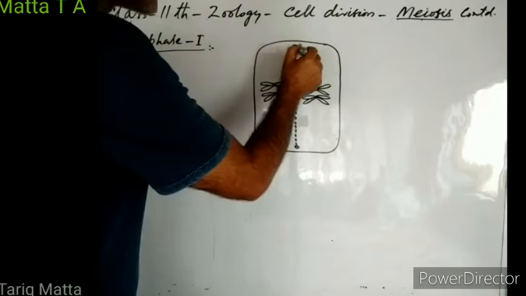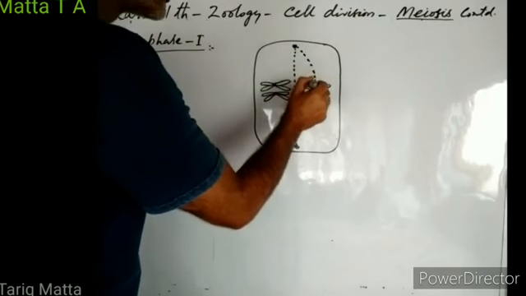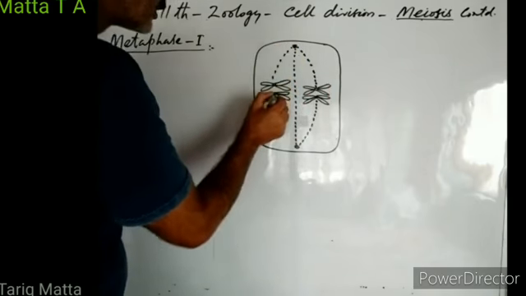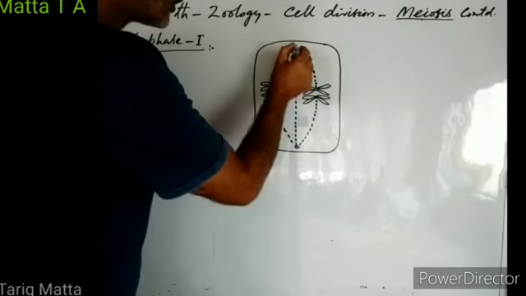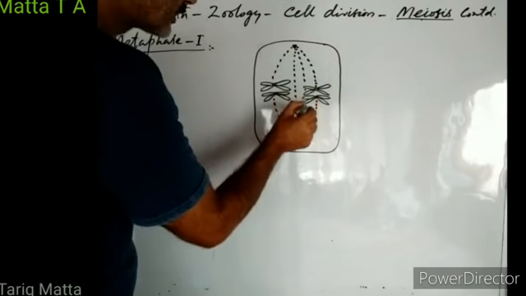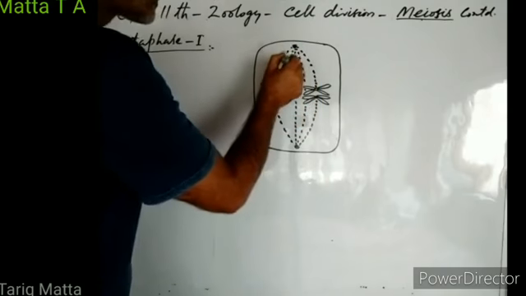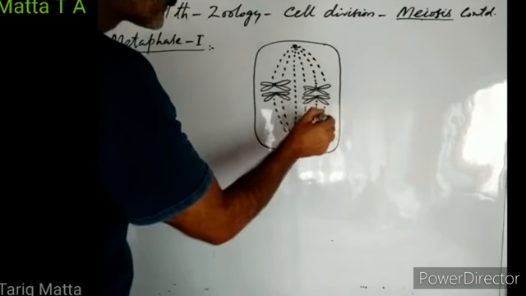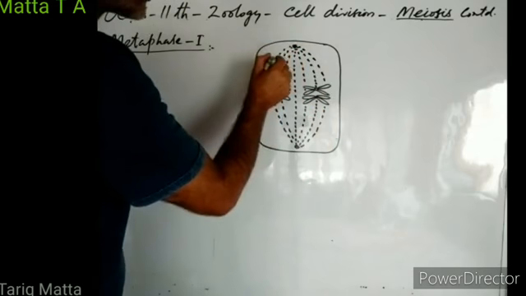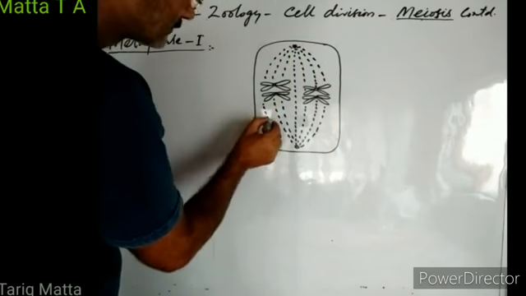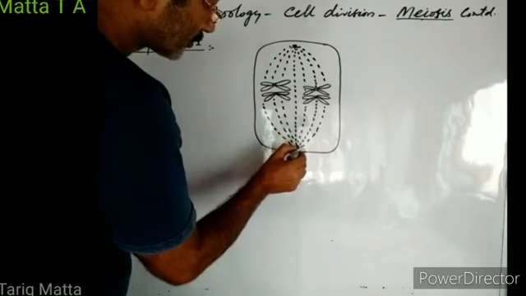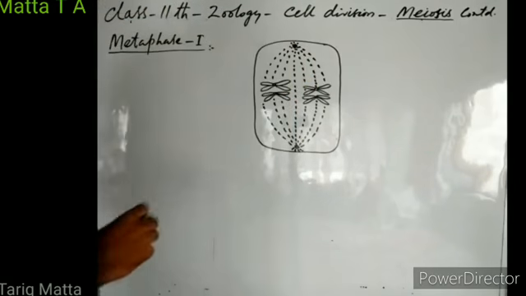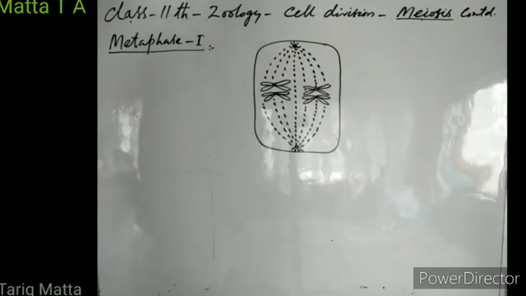So in case of human cells, all the 23 pairs of chromosomes are perfectly aligned around the equator of the spindle, right?